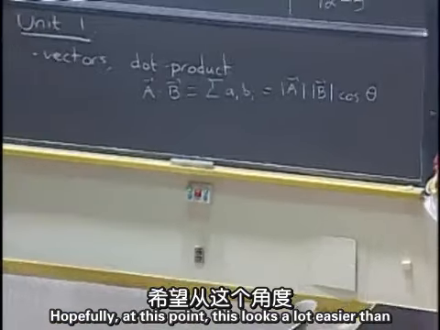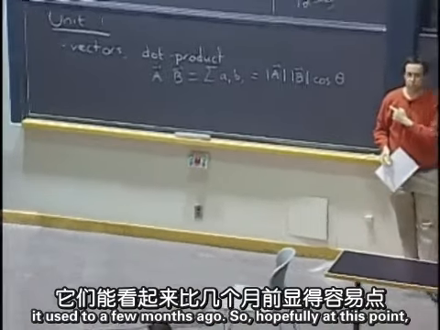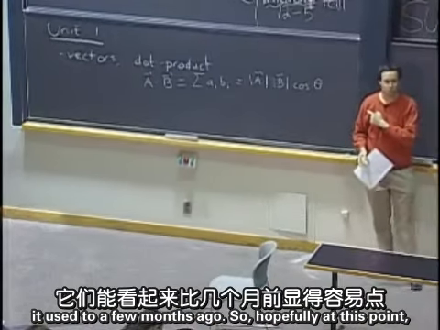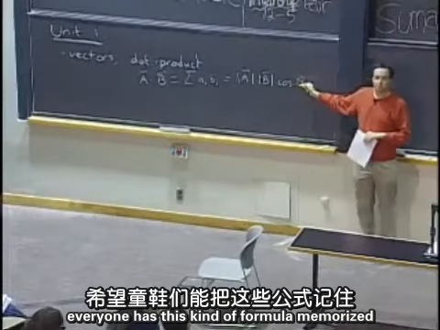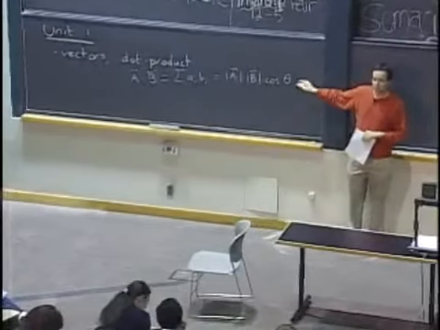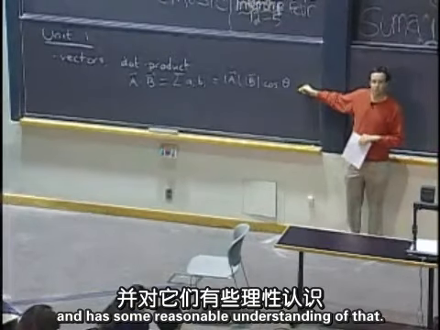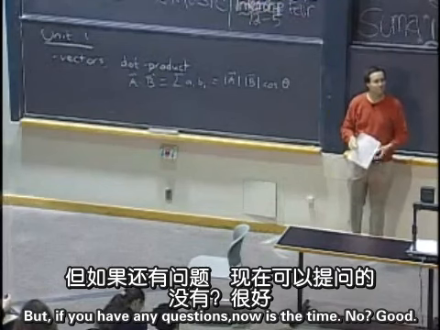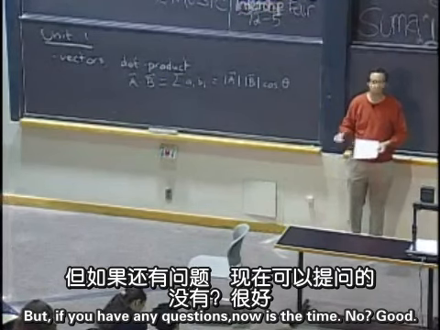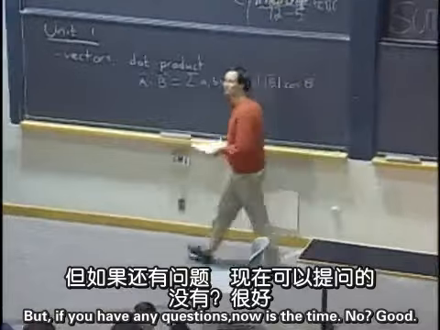Hopefully, at this point, this looks a lot easier than it used to a few months ago. So hopefully at this point, everyone has this firmly memorized and has some reasonable understanding of that. But if you have any questions, now's the time. No? Good.